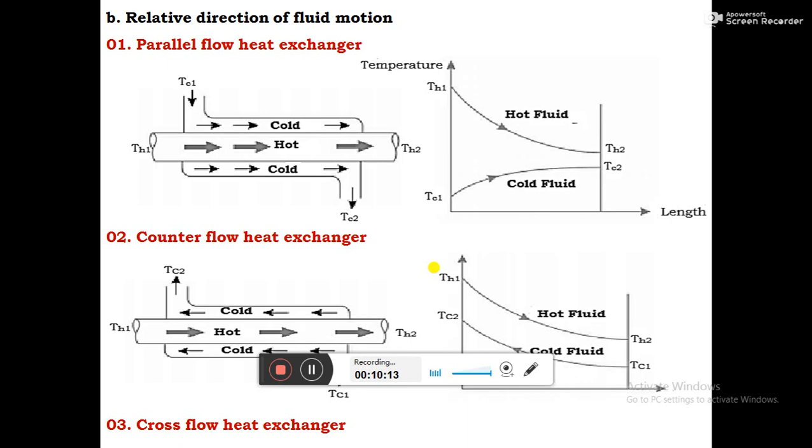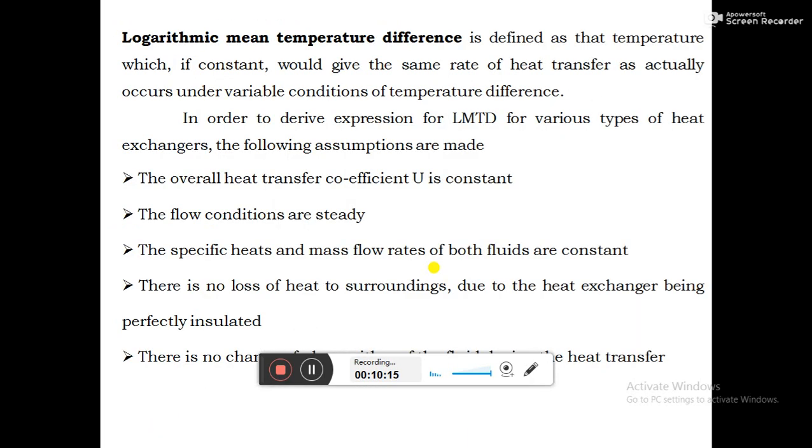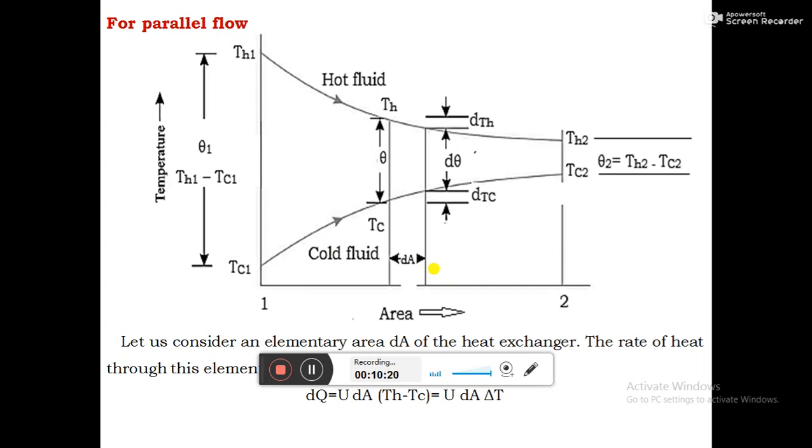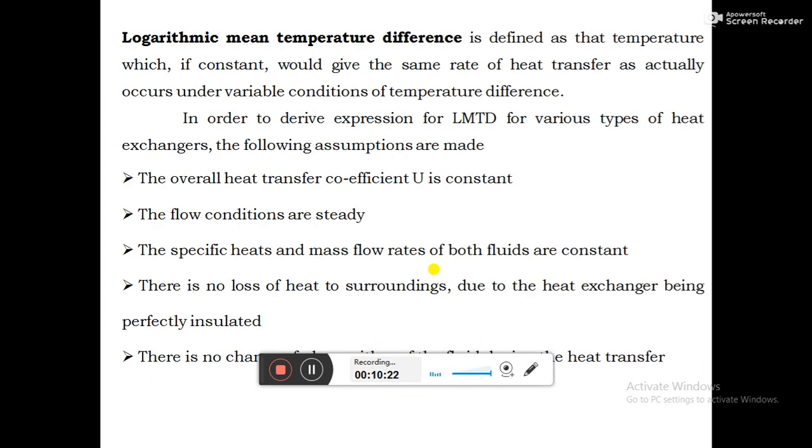Therefore, we are going to consider a constant temperature called the logarithmic mean temperature, which gives the same amount of heat transfer as the actual conditions. That is called the logarithmic mean temperature difference.